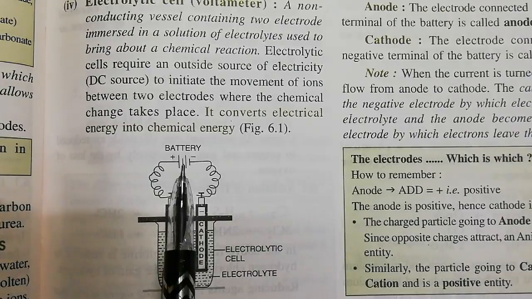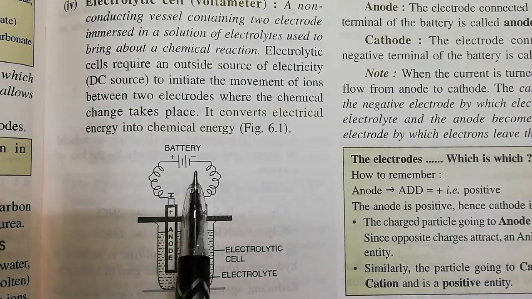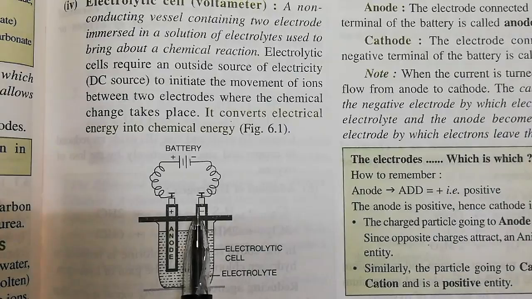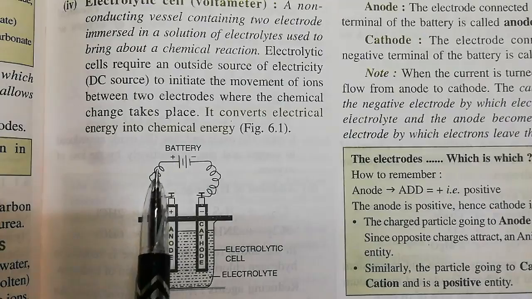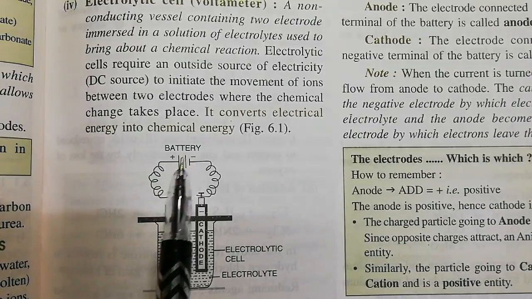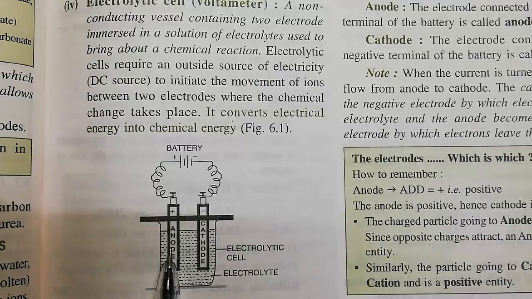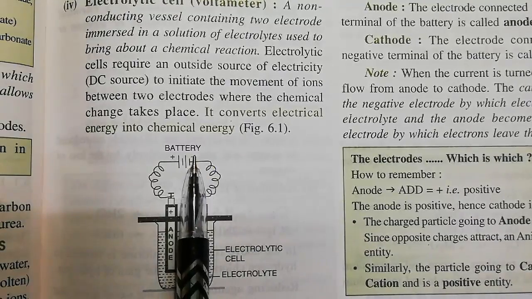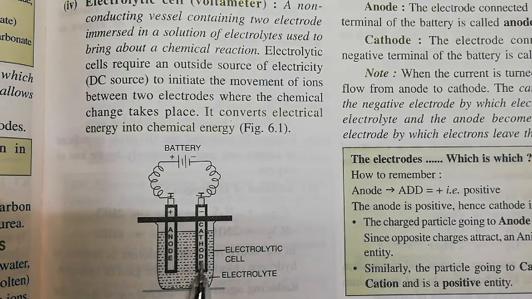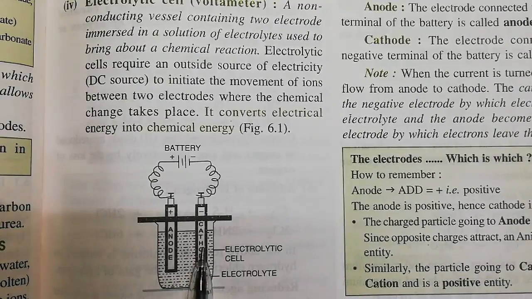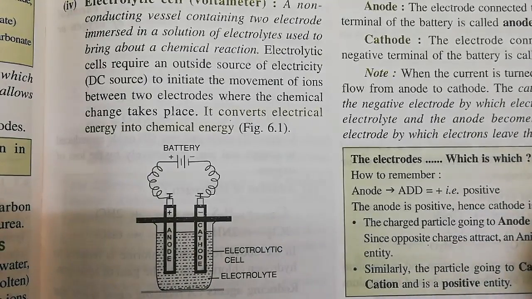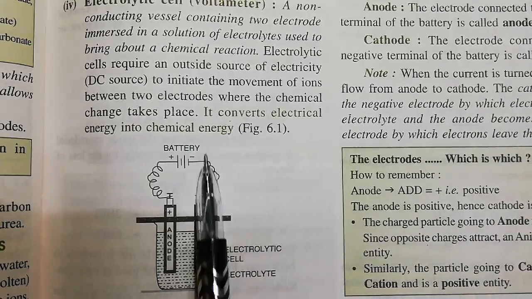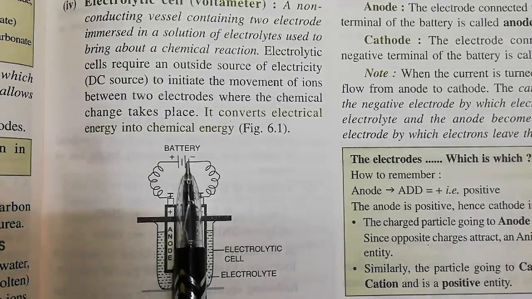One is attached to the positive terminal of the battery and another is attached to the negative terminal of the battery. The plate attached to the positive terminal of the battery or the DC source is said to be the anode. Do not confuse. The negative terminal of the battery is attached to another rod, and that is said to be the cathode. These are the plates or electrodes used here, and the electricity used should be DC electricity.